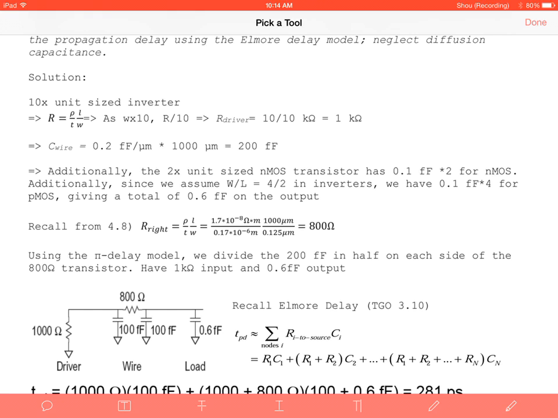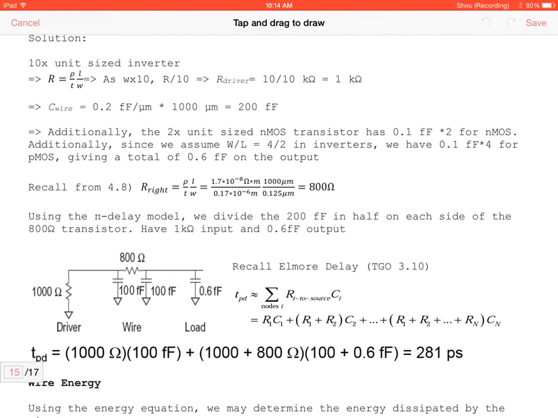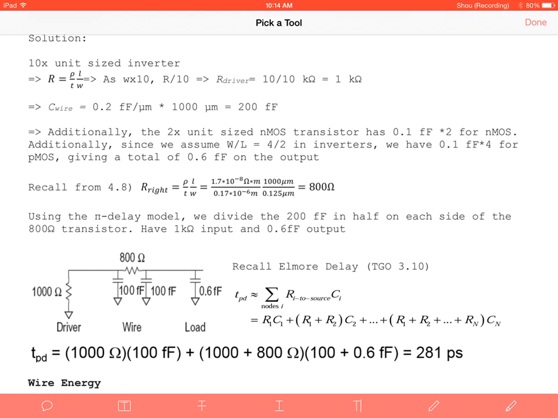Then, in order to make this an Elmore delay model, we split the capacitance in half, so we have it here and here. We have our input unit inverter, 1 kiloohm, like we calculated. We have our wire, 800 ohms, with 100 femtofarads and 100 femtofarads. We've now created our pi delay model. And then we have 0.6 femtofarads as our output inverter that we're driving.